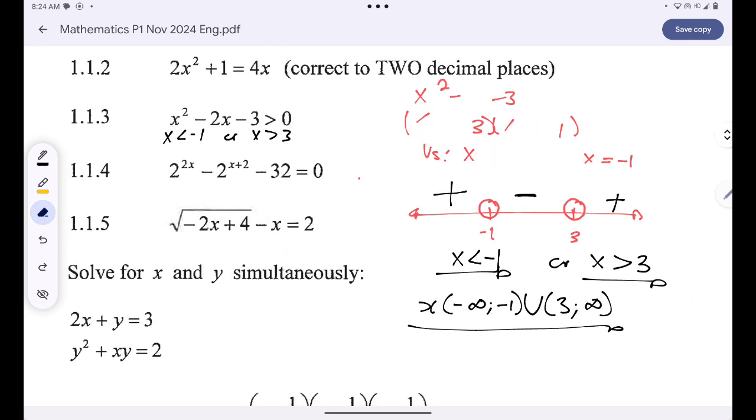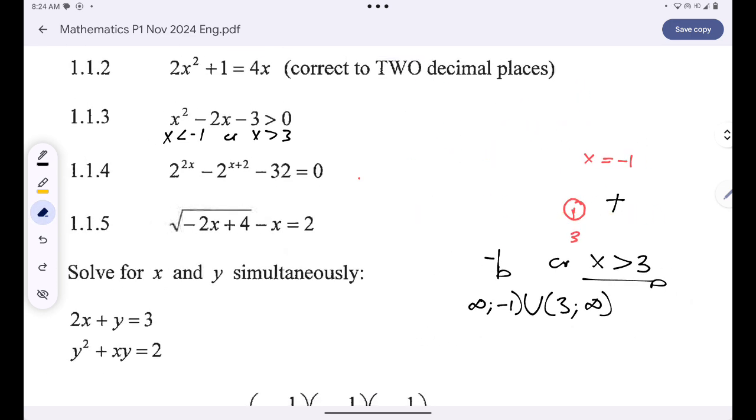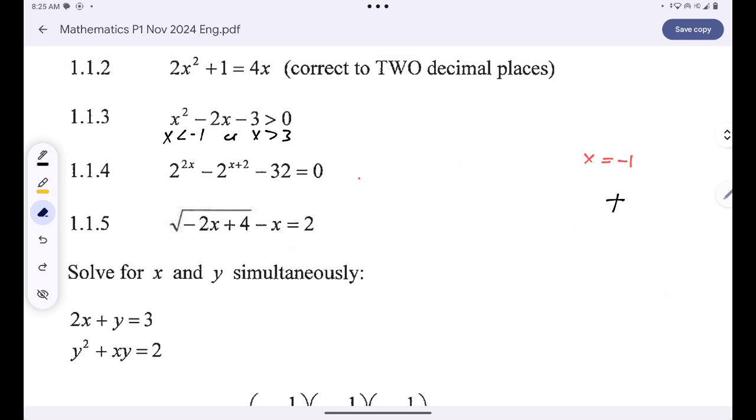Okay. And then now, guys, for the fourth one, we are given an exponential equation. I'm supposed to solve x and x is the unknown. The first thing I need to do, guys, considering the fact that my exponents are separated by pluses and minuses, is to simply separate the exponents.